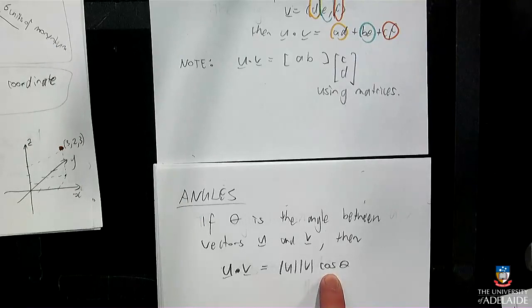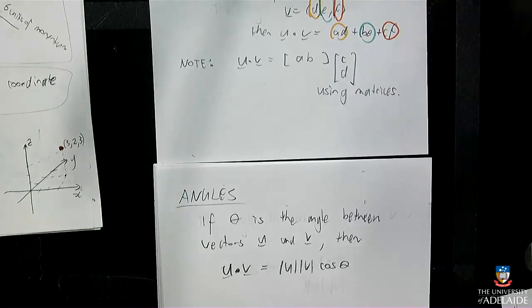If the angle between them is wider, then the dot product will tend to be bigger. No, that's wrong. If the angle between them is sort of close, is smaller, then the dot product is going to be bigger because cos theta is bigger when the angle is smaller. Okay? And if that angle is 90 degrees, cos of 90 degrees is 0, and so the dot product's actually going to be 0.